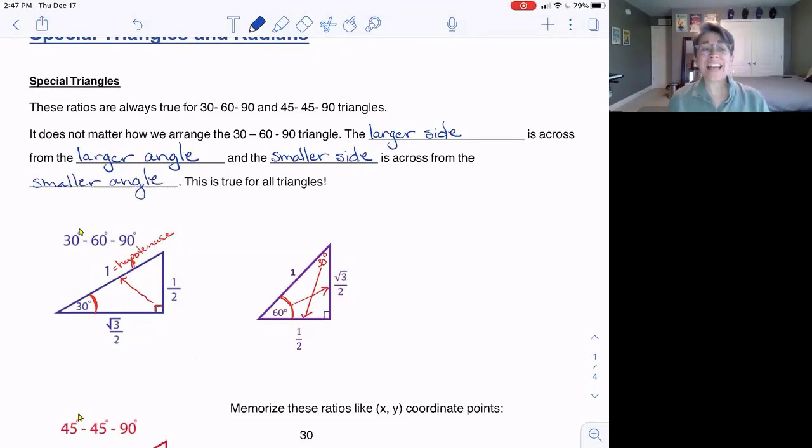Okay, and that is true for all triangles. Okay, that's always the case. The larger side is across from the larger angle.